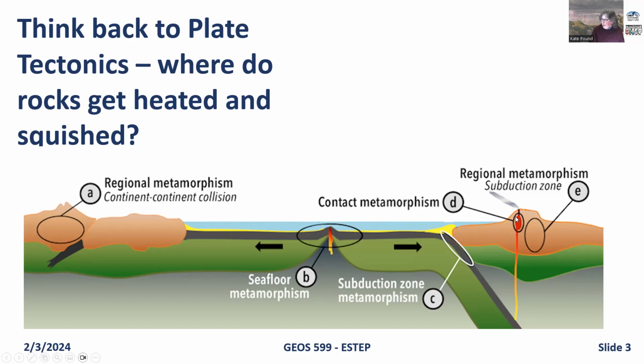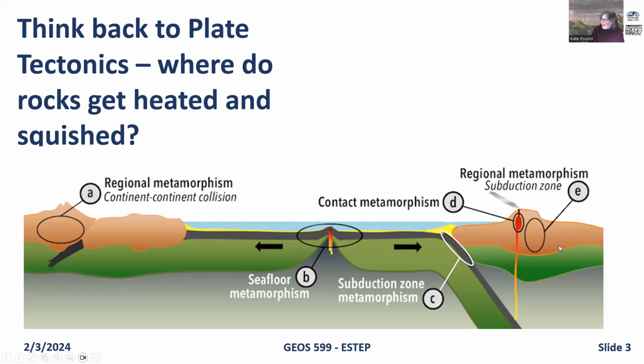So anywhere that's near that magma chamber will get metamorphosed, and that's called contact metamorphism. Contact metamorphism is mostly about just being heated. And yes, there's a little bit of squishing, but it's mostly heating.